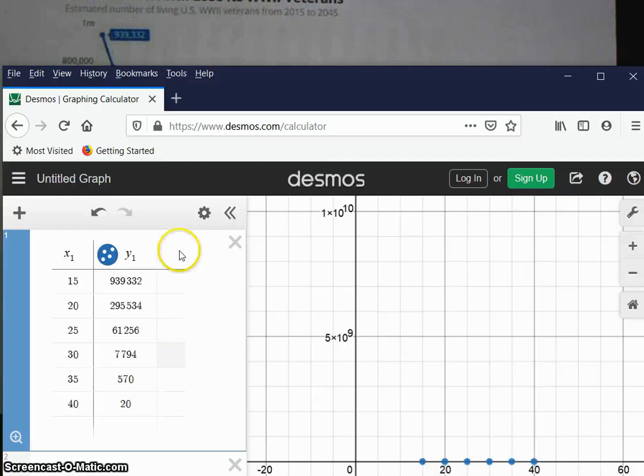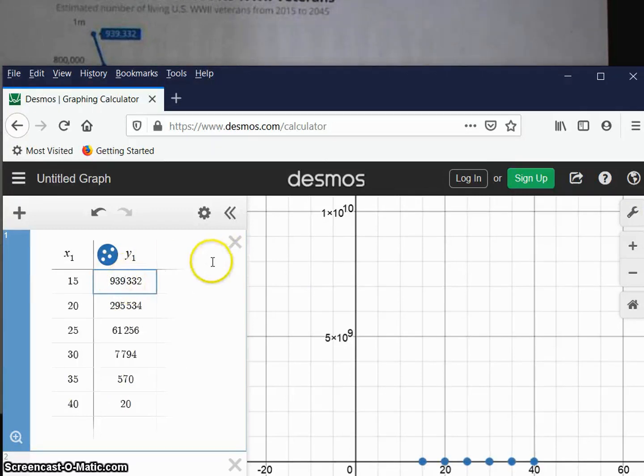Now, of course, you're going to notice that these dots fall way down here. This is because in the previous problem our scaling was so big. Let's change our scaling. We need to go up to more than 939,000.